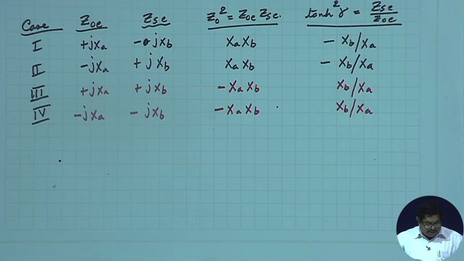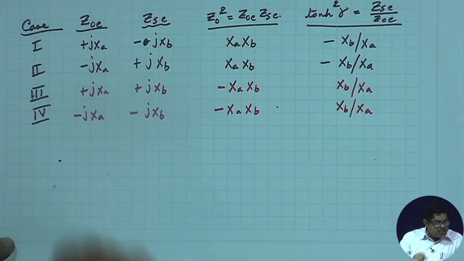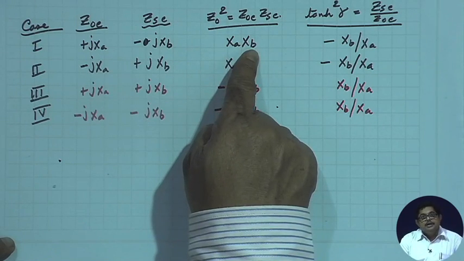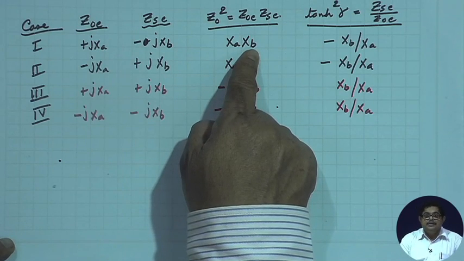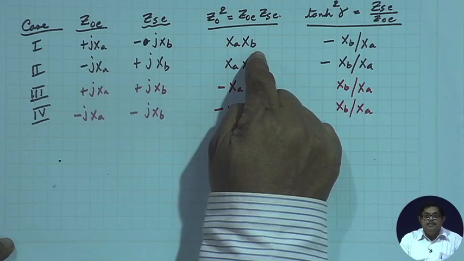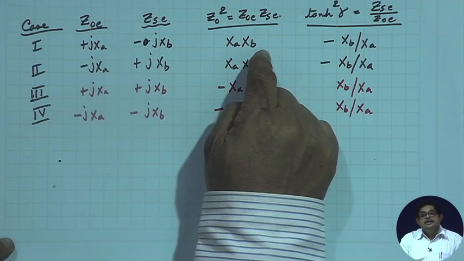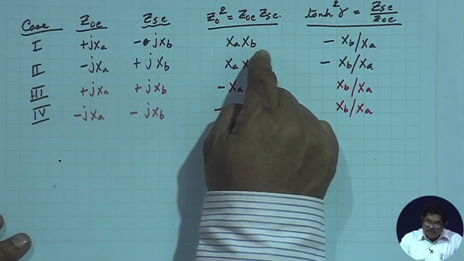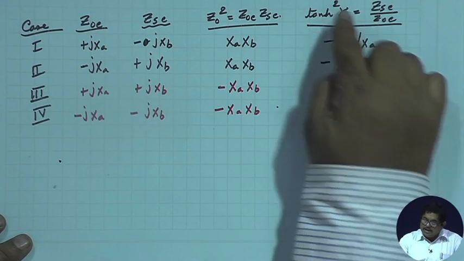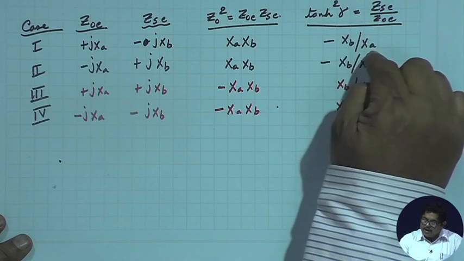From here you can see that in case 1 and 2, Z naught is real. That means Z naught, the characteristic impedance, is real, which means it is a pure resistance, and tanh is imaginary, because tanh square is minus.